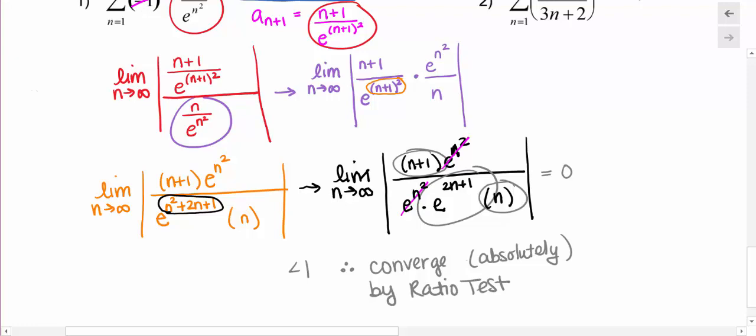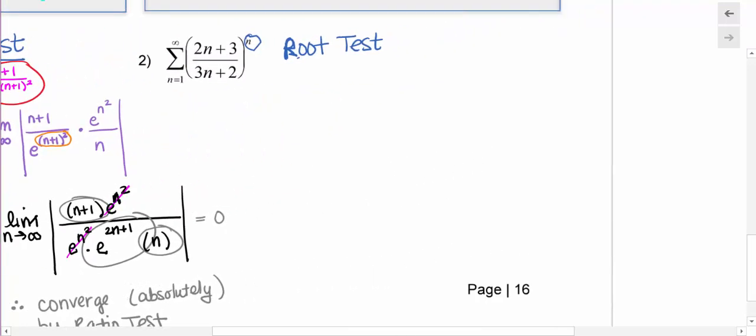Okay, so let's look at a root test example. So the root test says you're still going to take limit as n approaches infinity, but you're going to take the nth root of the absolute value of your series that you started with.